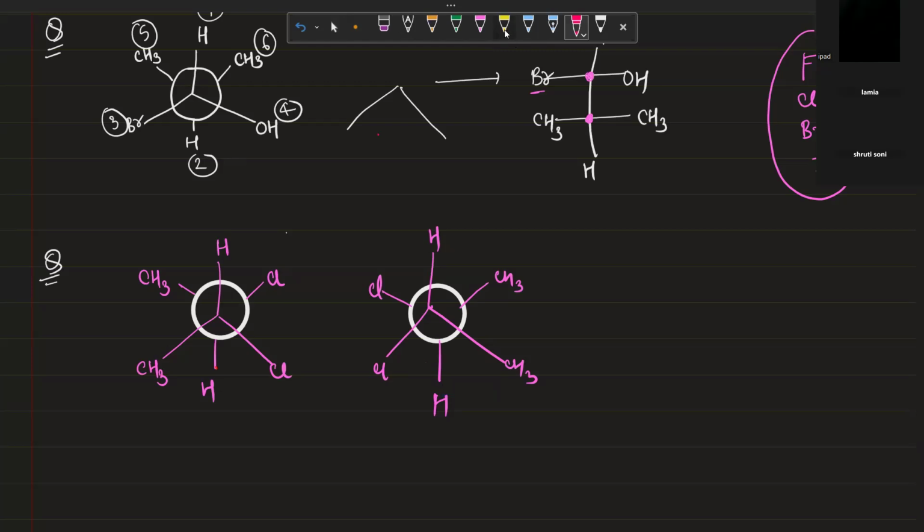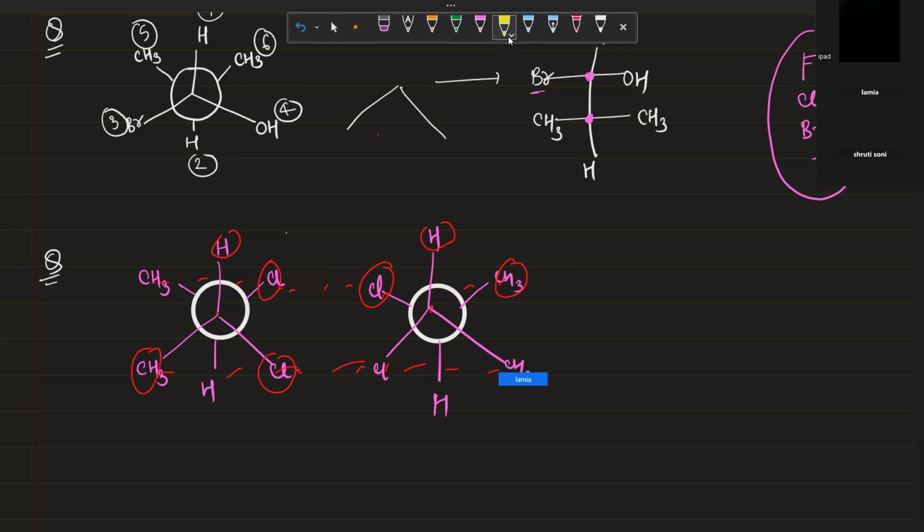Oh yeah, it is easier through the structure. Let me see. Hydrogen, hydrogen. This is also flipped.